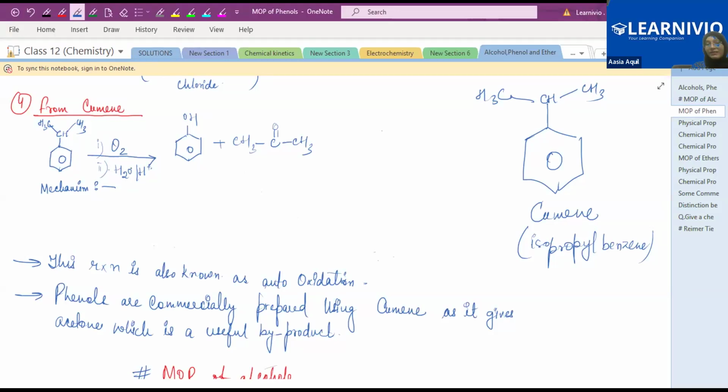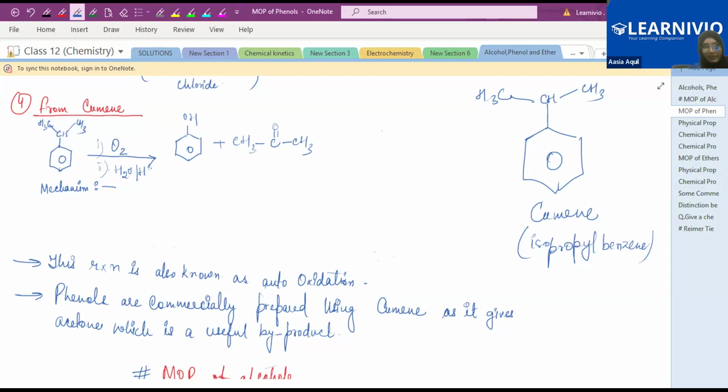Why? Because the byproduct, acetone, is very useful and has many applications. So commercially, the phenols are prepared by using cumene. Acetone is propanone, CH3COCH3. So this is the general reaction.